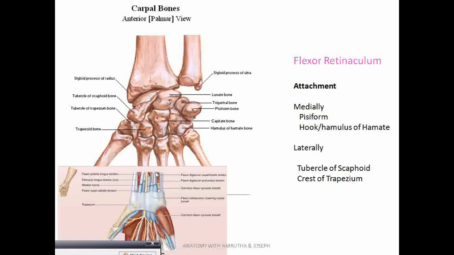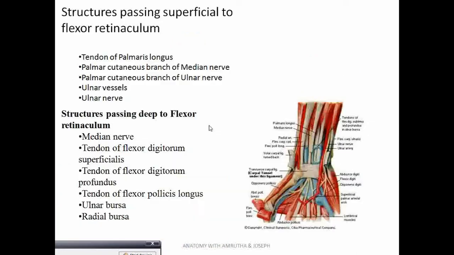There are different tendons and structures passing deep to the flexor retinaculum. So it is like a wrist watch. Structures passing superficial to the flexor retinaculum: there are many structures passing deep to it, but few structures passing superficial to it.